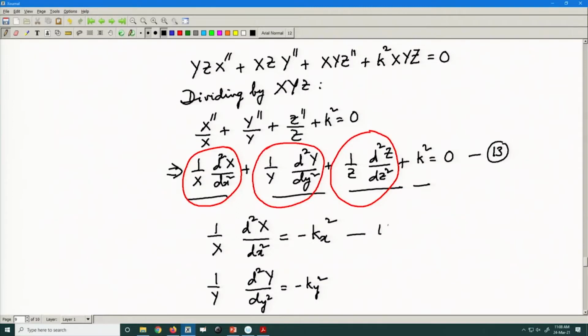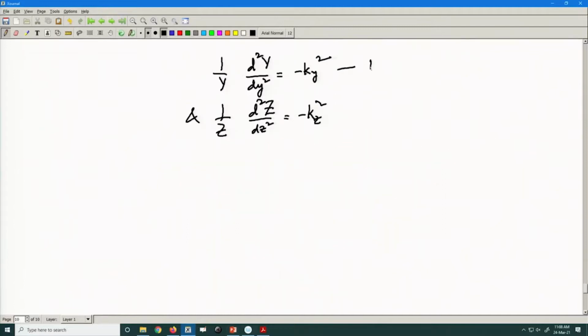This we call equation number 14a, this we call 14b, and this we call 14c.